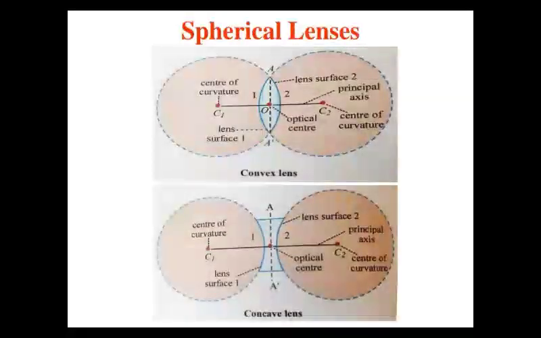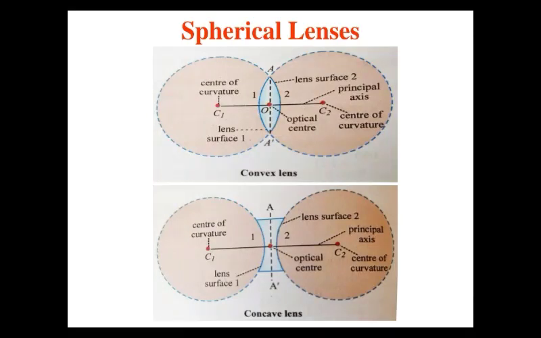The line joining O and C1 is known as the radius of curvature, and C1 and C2 are known as centers of curvature. Also, a line passing through C1, O and C2 is known as the principal axis.